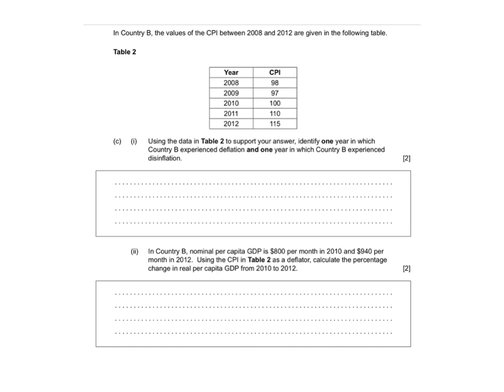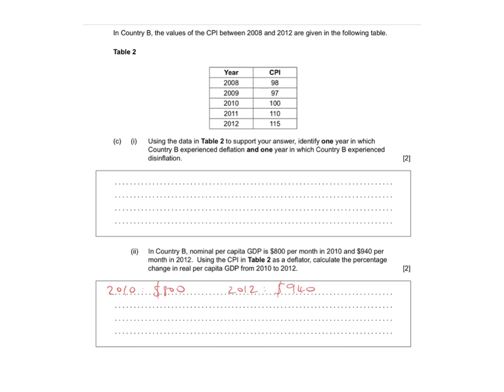So we know that GDP in 2010 was equal to $800 per month, and for 2012 it was equal to $940 per month in current prices, so i.e. in prices from the year 2012. Now, to reduce that by the rate of inflation will give us a figure for real GDP measured in the base year prices, i.e. those from 2010.